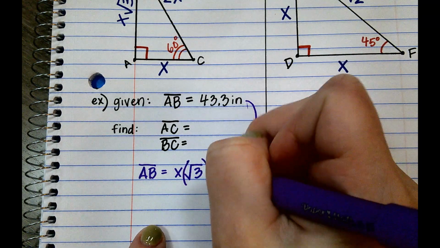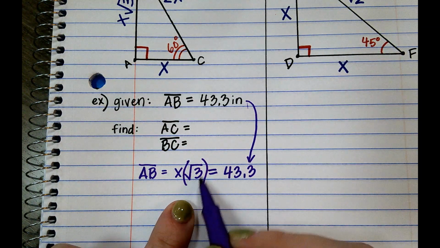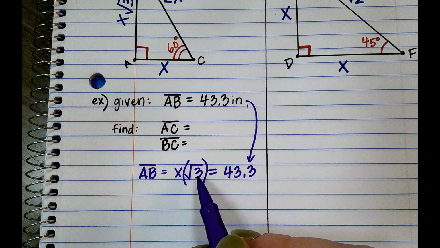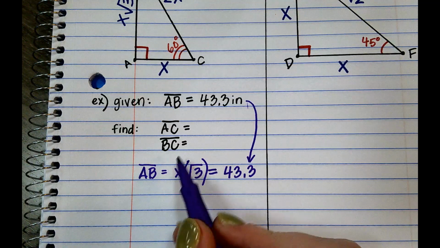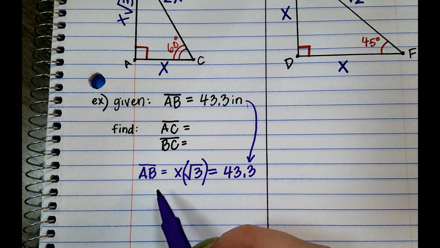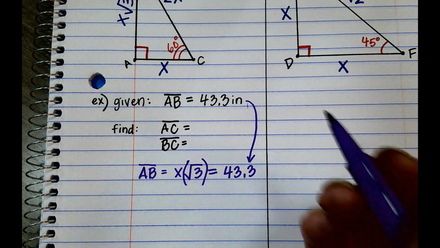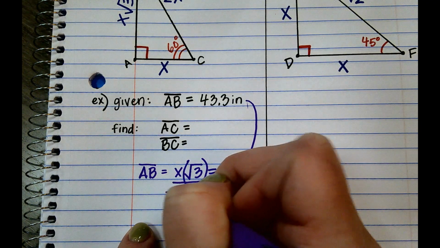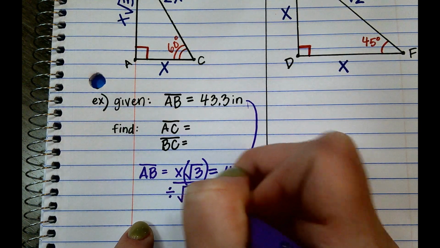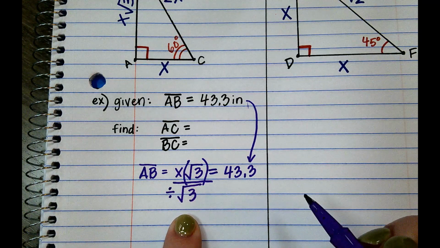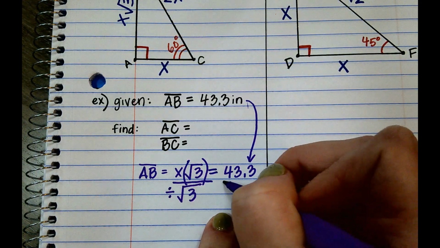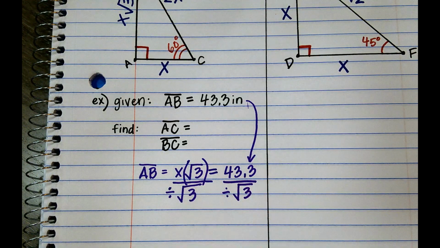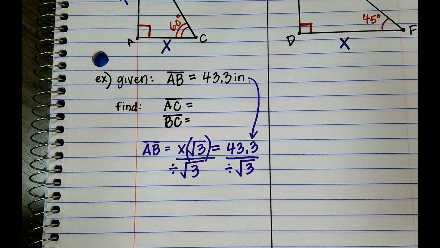To get rid of radical 3, since it's x times radical 3, we will divide by radical 3 on both sides. So I'm dividing by radical 3 here, and I'm dividing by radical 3 on the other side.